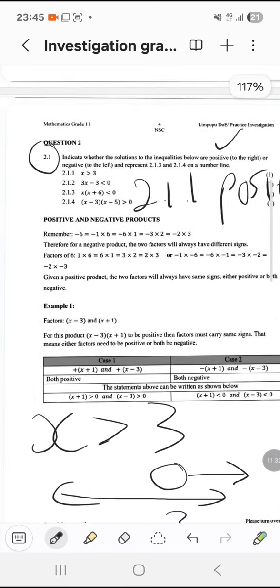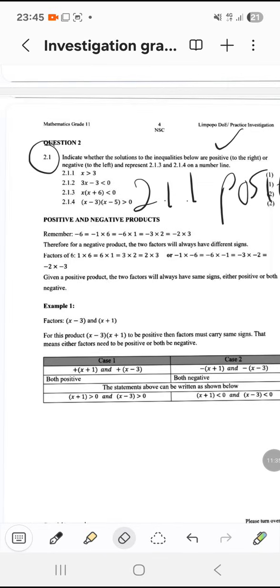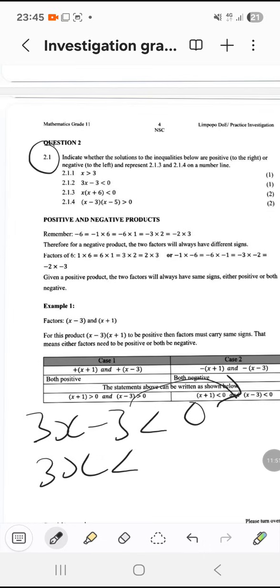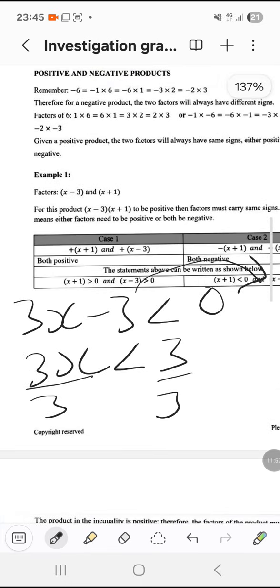And then let's go to 2.1.2. We have 3x minus 3 is less than 0. So we solve 3x, and then this 3 jumps and inequality becomes positive. We divide, and then x is 1.